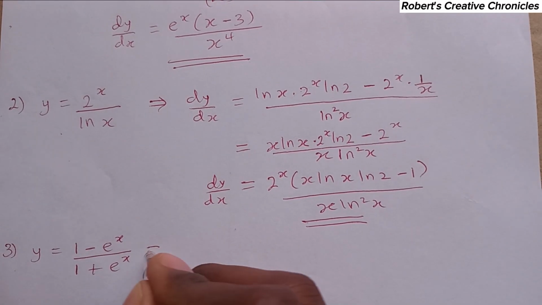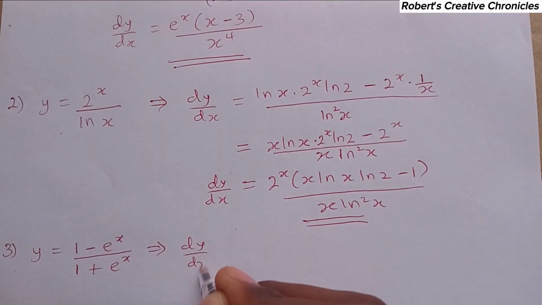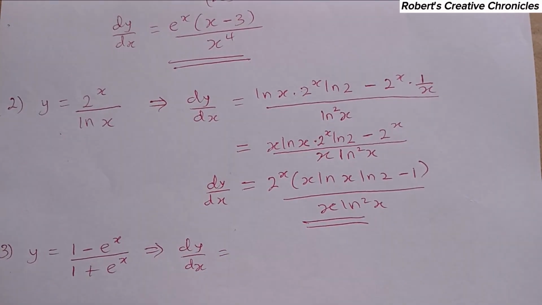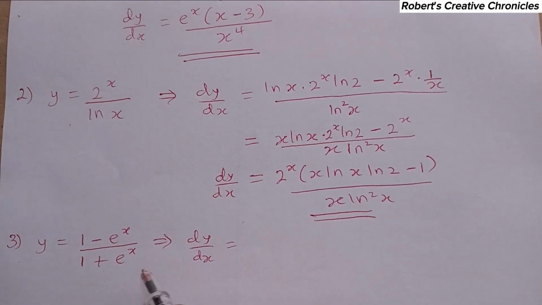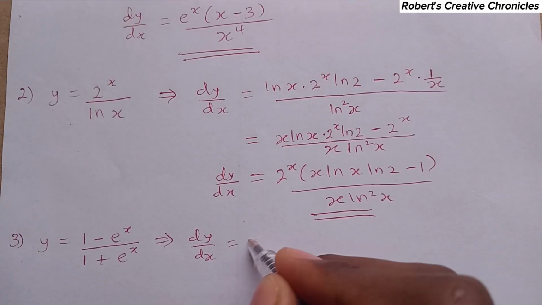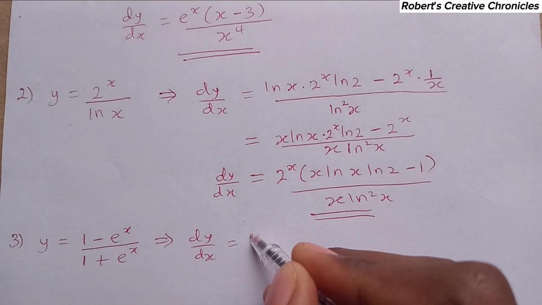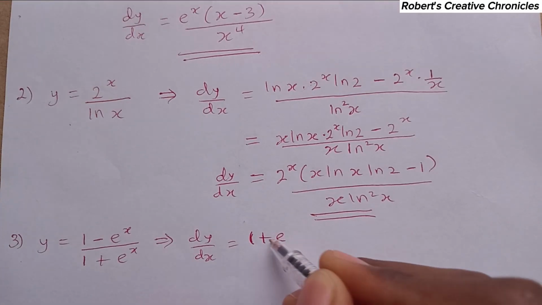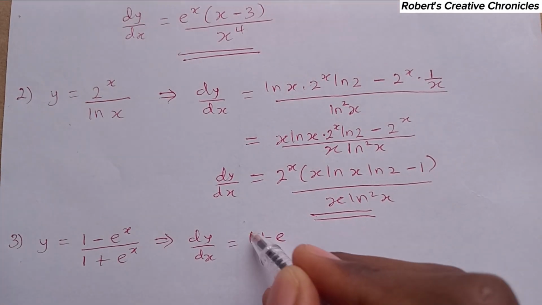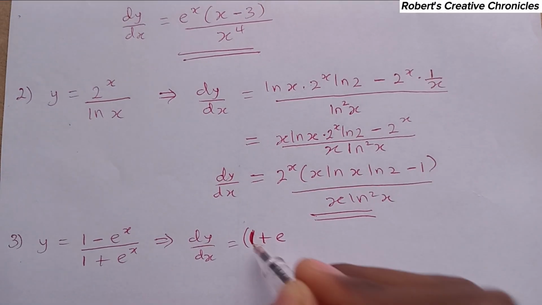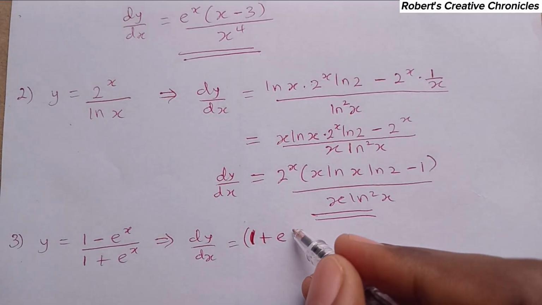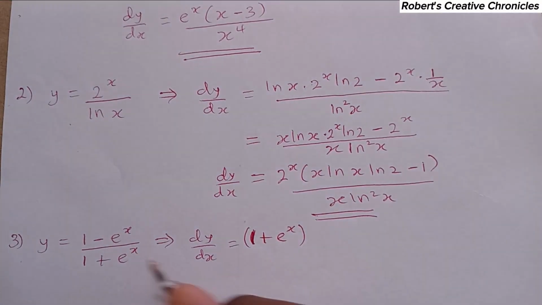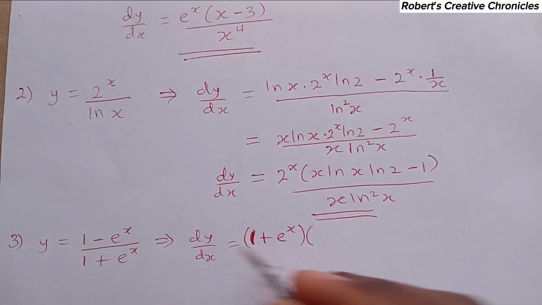Now, dy/dx is equal to what? We will find the derivative of this one. It will become v, which is 1 plus exponential x, times the derivative of u.